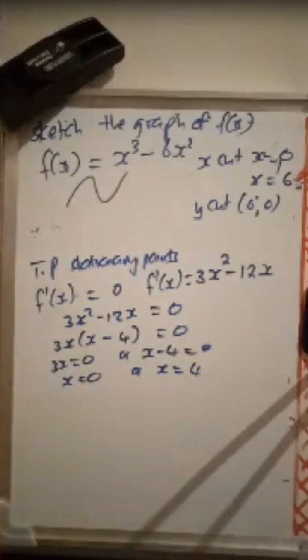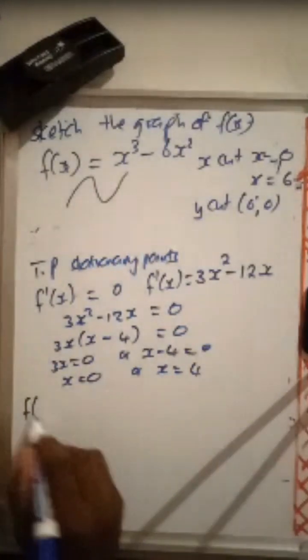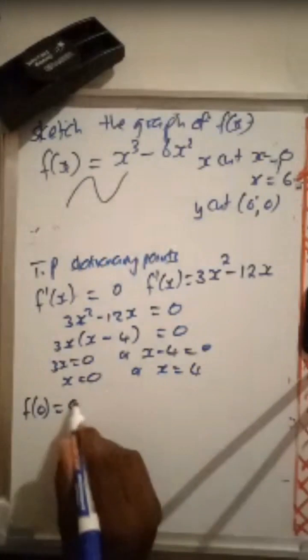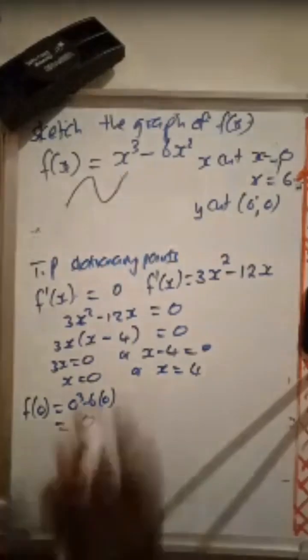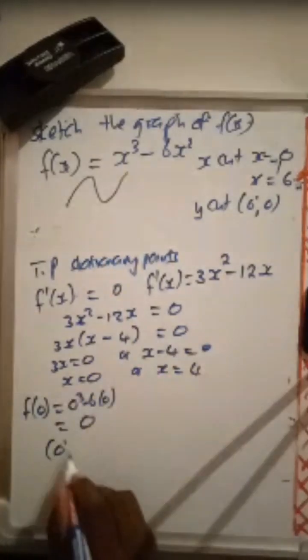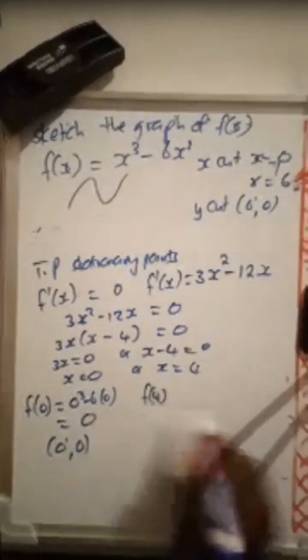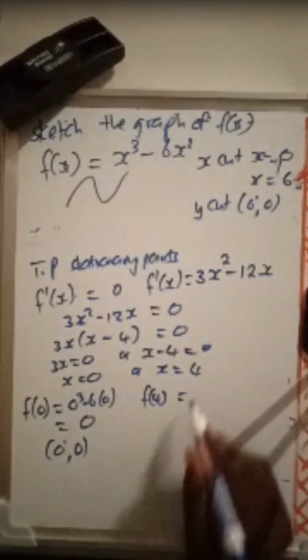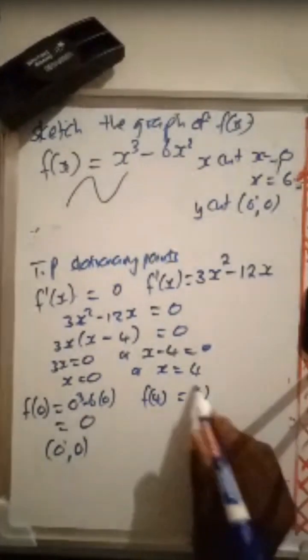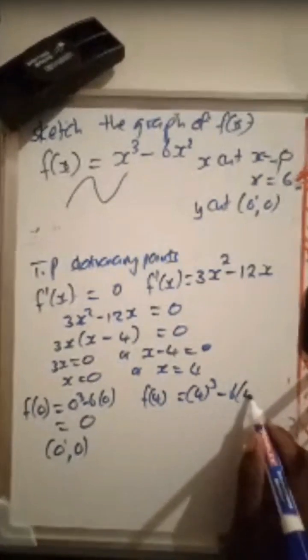In order to find the corresponding y values, f of 0 is equal to 0 cubed minus 6 multiplied by 0. This one is obvious, it's 0. So it means one turning point is going to be 0, 0. Then the other one, f of 4, in order to find the y coordinate, 4 cubed minus 6 multiplied by 4 squared. What do you get there?